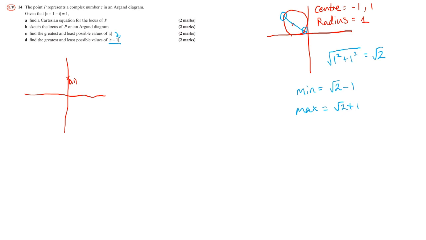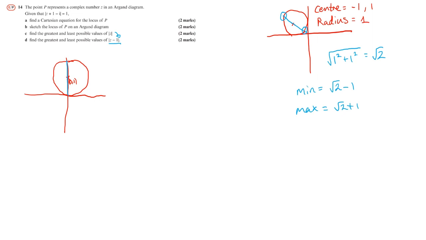And it still has a radius of 1, which means it's going to go through the origin. Okay, so now we can draw our line on. From the origin, it's just going to go straight up, like that.